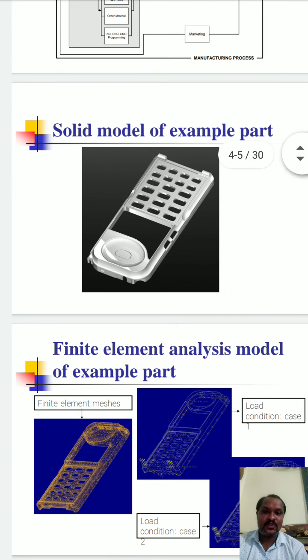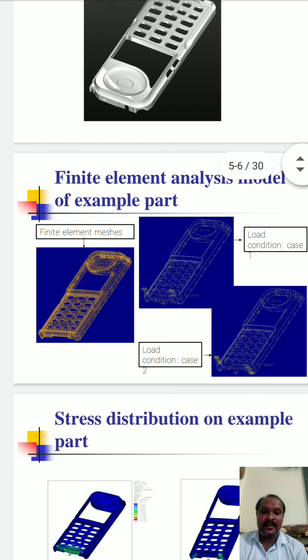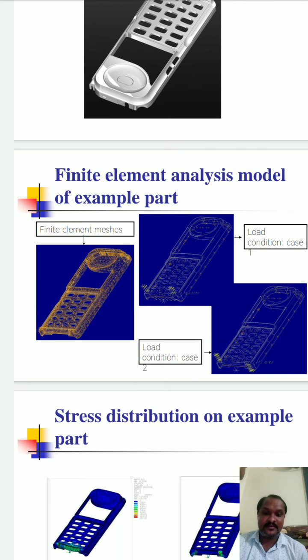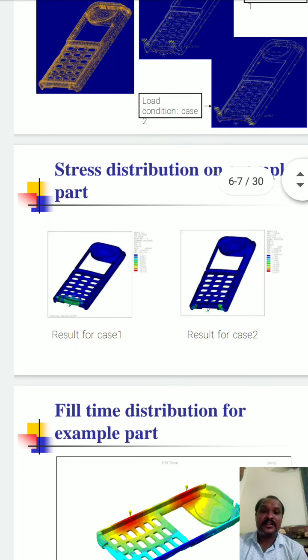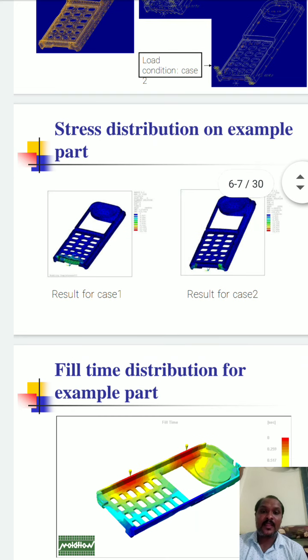First the diagram shows you the design part, then in the second part it is analyzing, and in the third diagram the stress distribution of the part. Means the compression, the tension stress, whatever stresses may be there, are distributed entirely on the part.